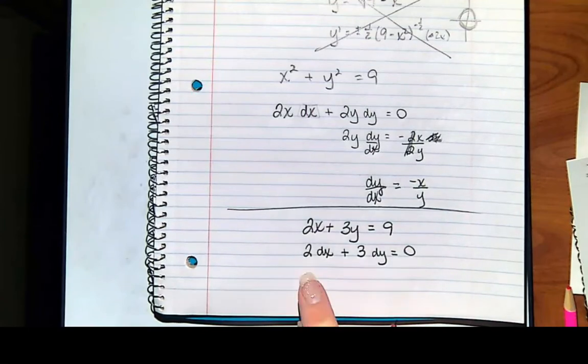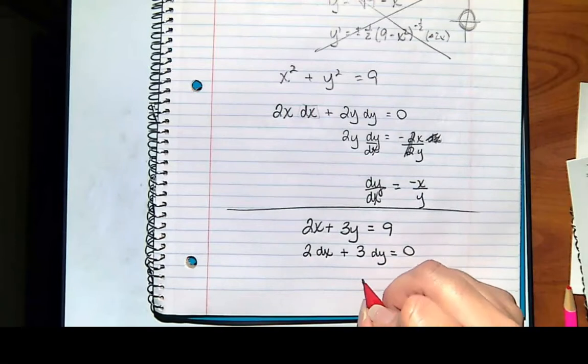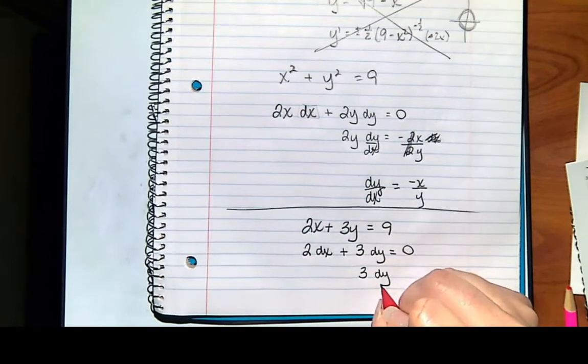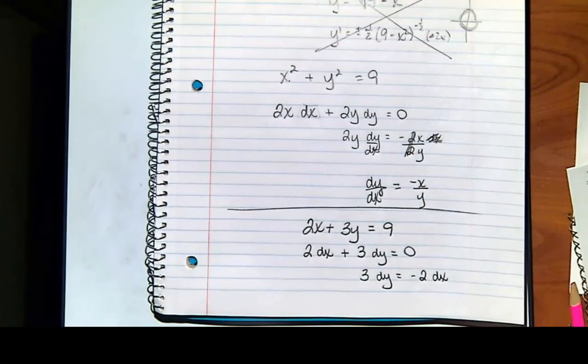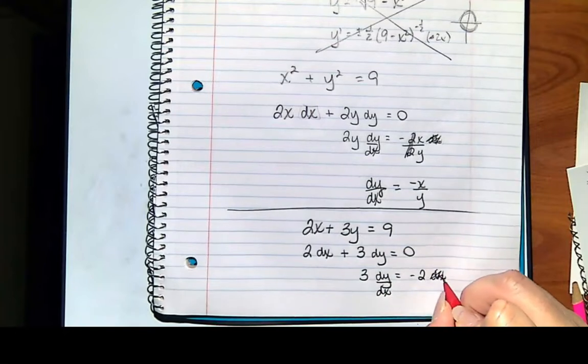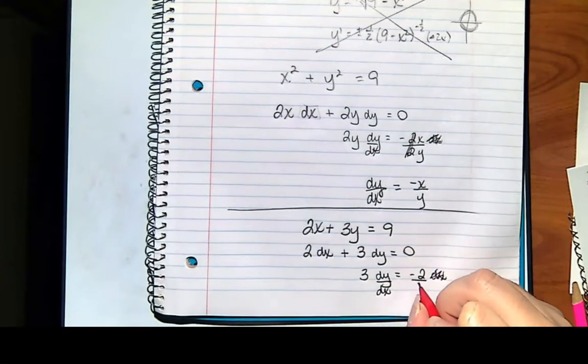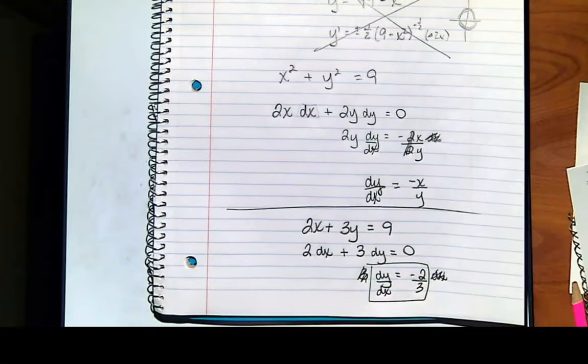Step 2, get your dx's on the right, and you leave your dy's on the left. So I have 3 dy equals negative 2 dx. Okay? Divide both sides by dx. Divide both sides by 3. So you find out that dy/dx is negative 2/3.